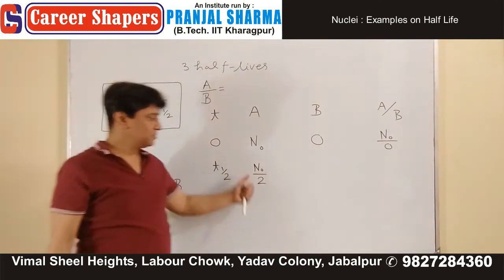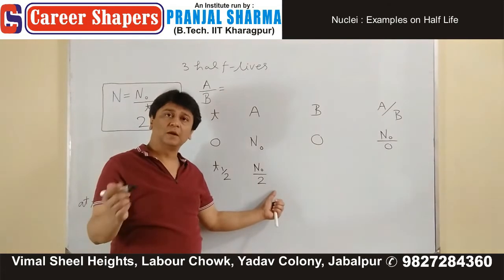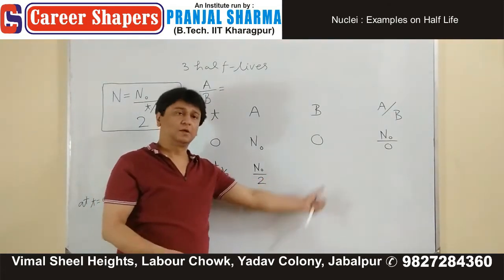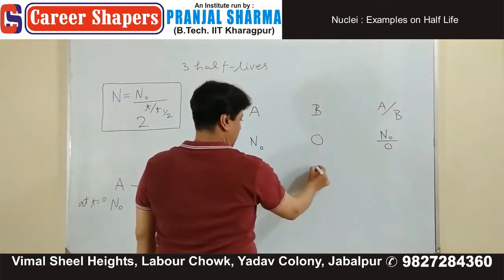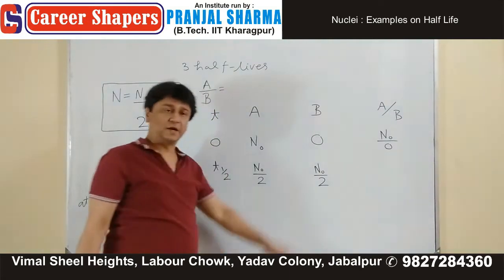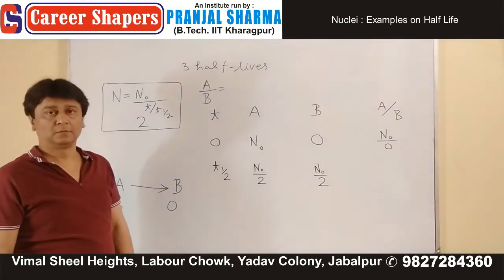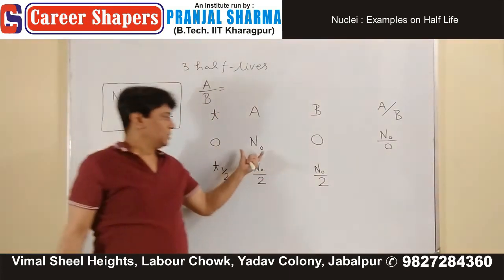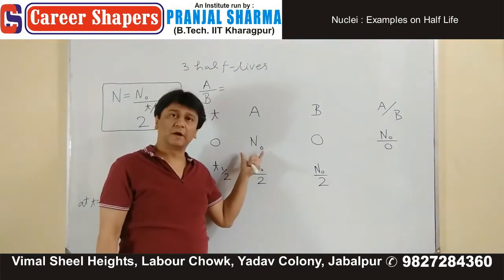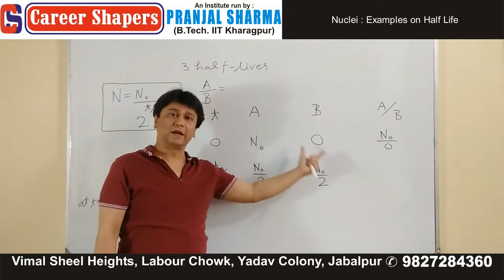So if it becomes N naught by 2, then it converts itself into what? B. So how many molecules of B are now present? N naught by 2. There are, let's say, 100 atoms or molecules. These 100 atoms now disintegrate.